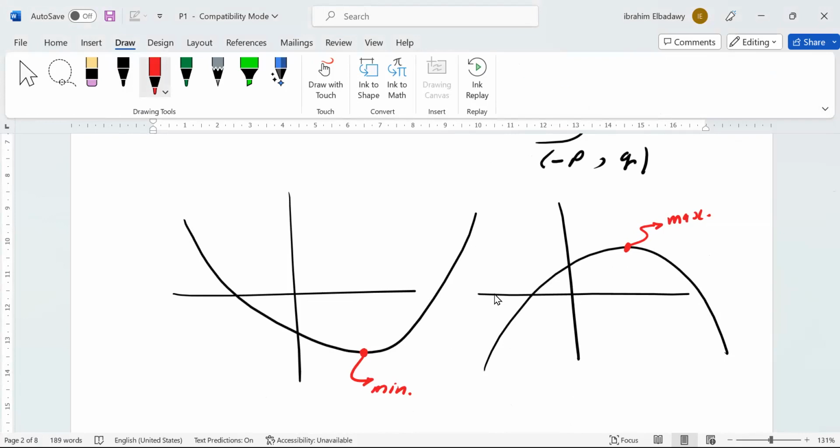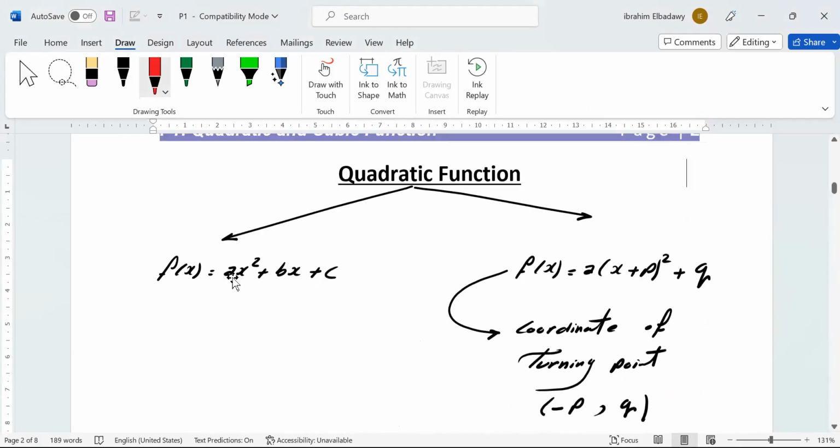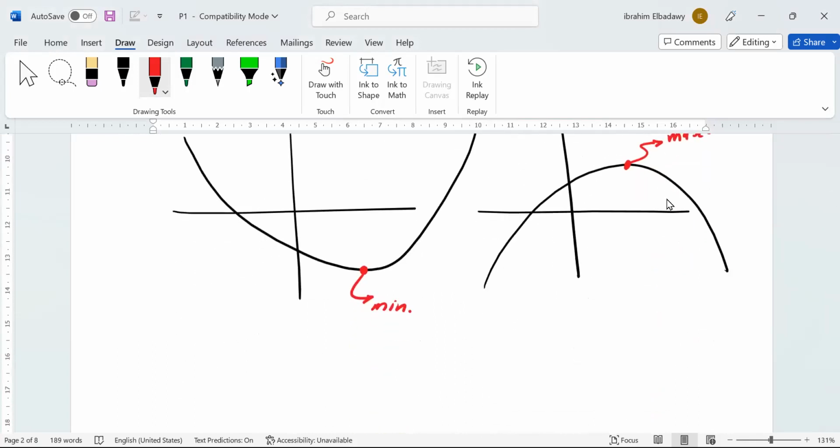But how can you know whether there is a minimum or maximum point? It depends on the coefficient of x squared, which here, for example, is called a. If this value of a is positive, it has a minimum and a smile face.